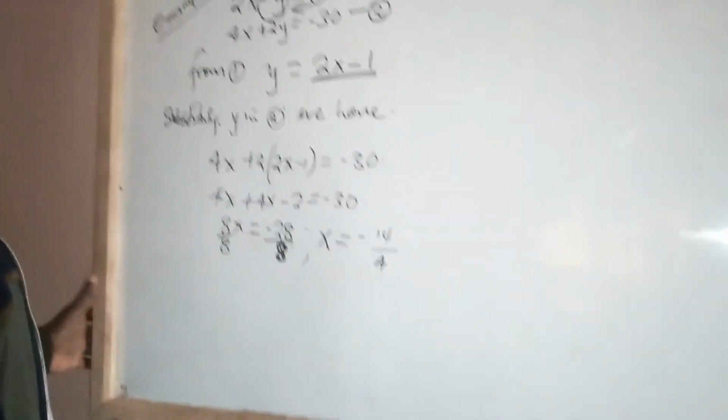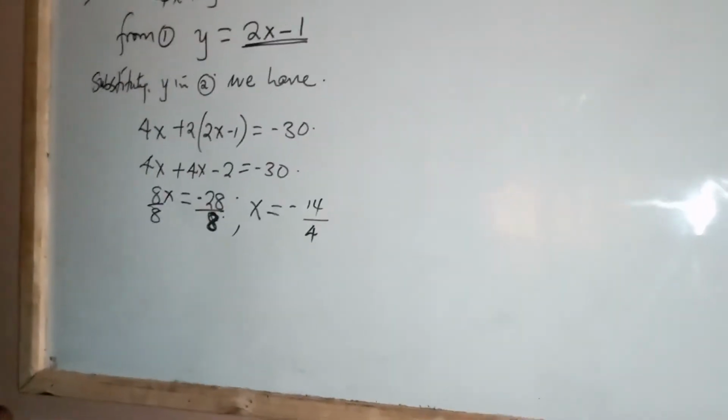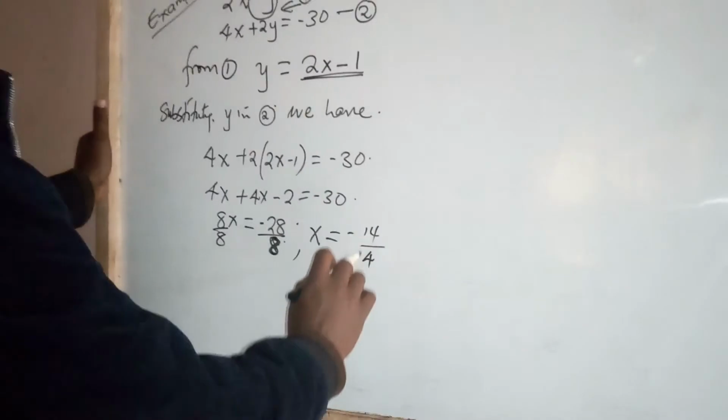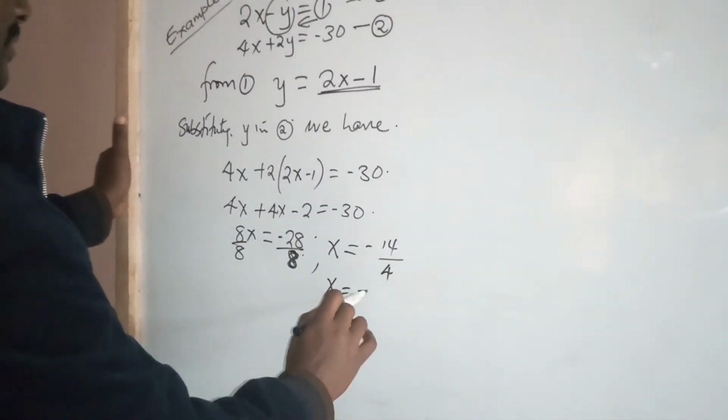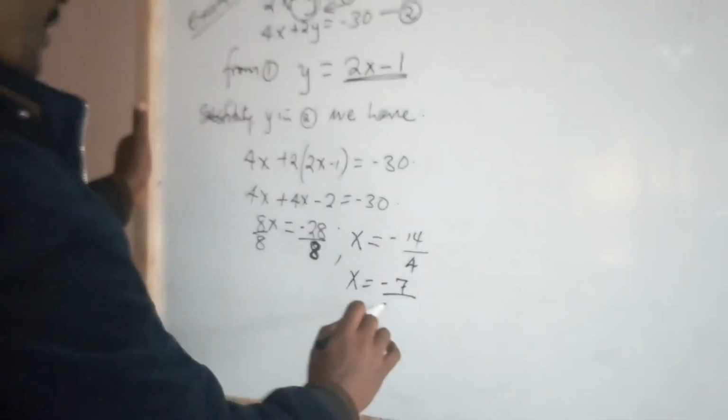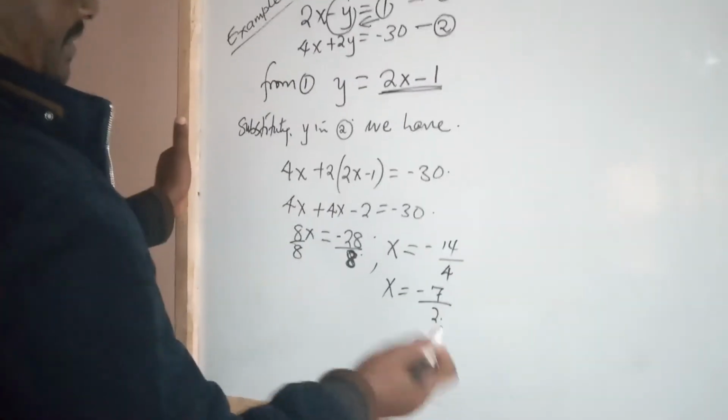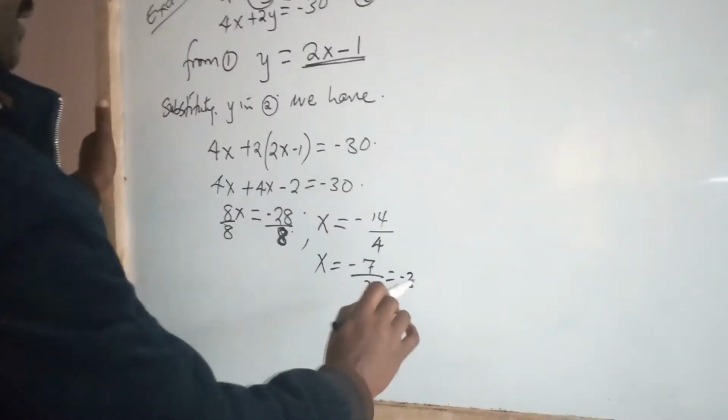At that point, you can divide further by 2, and you find x is equal to minus 7 over 2. And this gives you minus 3.5.